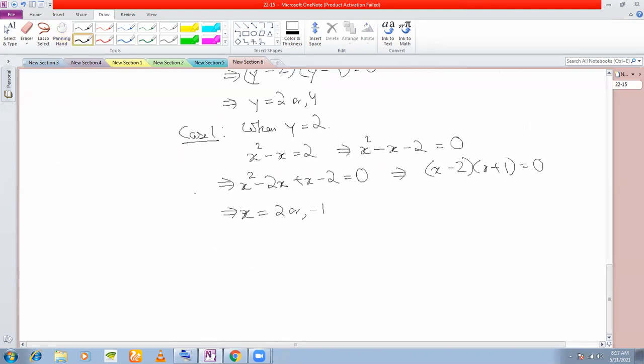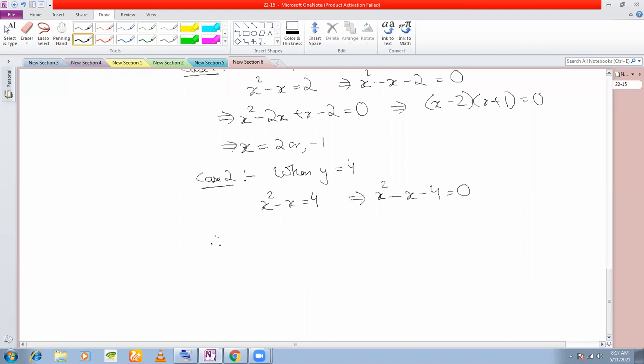This was case 1. For the second case, when y is equal to 4, you have x square minus x is equal to 4. So now this becomes x square minus x minus 4 equal to 0. Now this cannot be factorized, so you use the Shridharacharya formula.